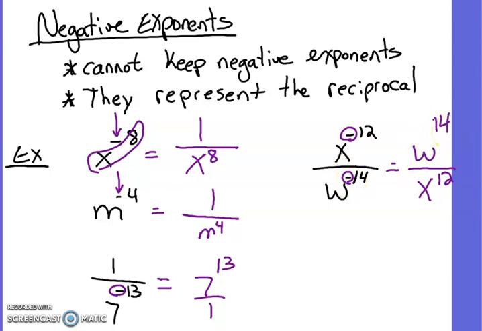So again, leave your answer as positive exponents. Even if I have something like 2 to the negative 3rd power, well, 2 to the 3rd power is 8, but notice it has a negative exponent, so it's 1 over 8. So the negative exponent means to flip the fraction. You flip the fraction. So whatever that is, you just flip that. And that's what negative exponents are.